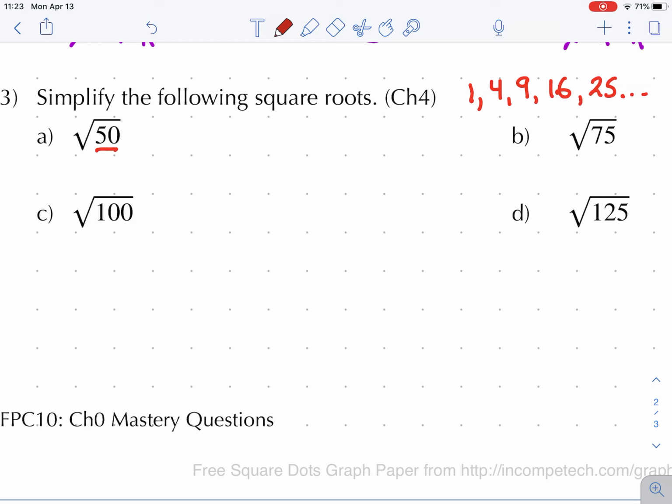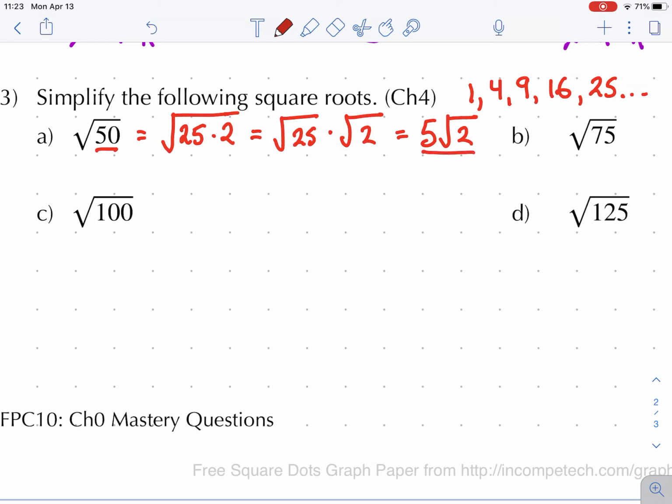And I can divide it by 25. So I write this as the square root of 25 times 2. Then I break those two things apart, the square root of 25 times the square root of 2. And I'm going to get 5 times the square root of 2. So the square root of 50 is equal to 5 times the square root of 2. This is in simplest form.